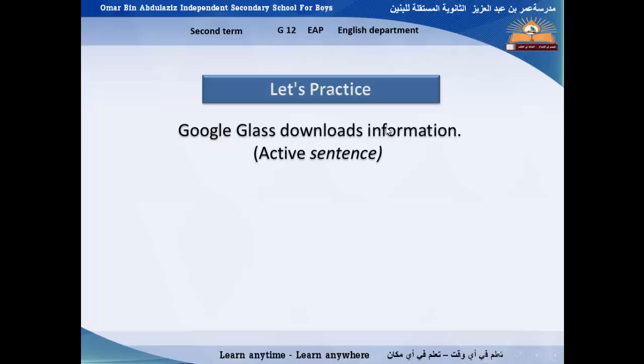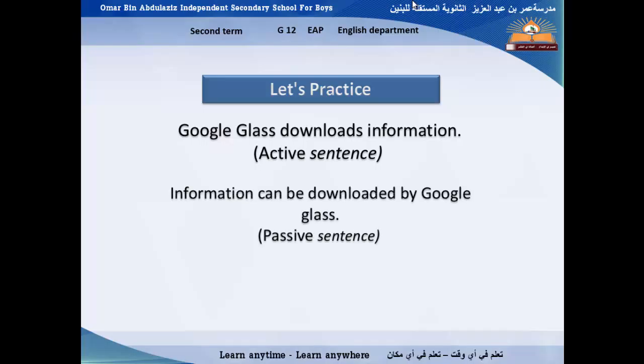Then we add can, and then the word be, and the past participle of the verb download. The verb download is a regular verb, so we just add ed to the verb to get the past participle. The answer will be: information can be downloaded by Google Glass. This is a correct passive sentence.